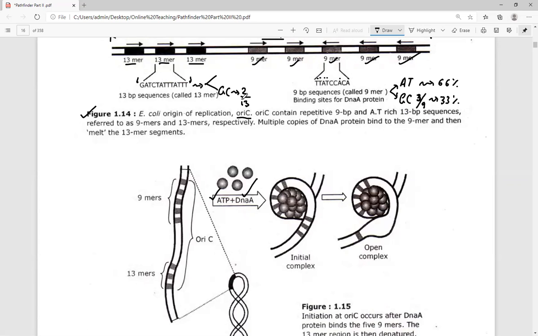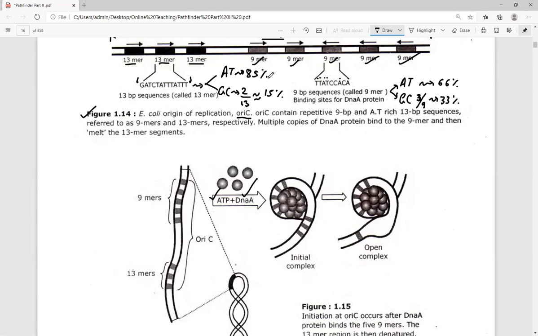This is the difference that is produced. Here you get a GC content of about 15% and an AT content of about 85%.